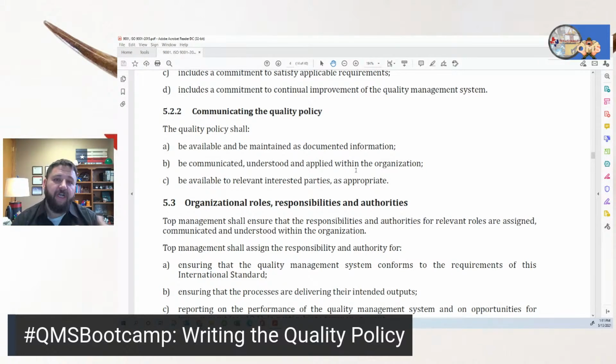Let me tell you, the shops that I've gone into where it is very clear that folks understood this quality policy and understood the requirements of it, these are organizations where the people could not recite it word for word, but dadgum, they could tell you their role in the quality management system, and every time it matches that quality policy. Different words, different angle, but they clearly understand what we're going after, and that is fantastic.